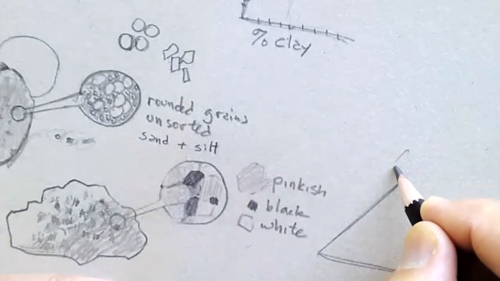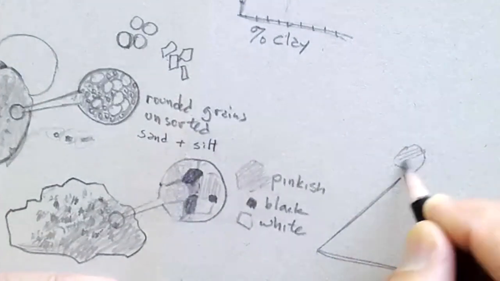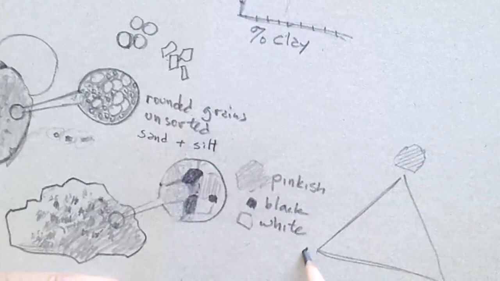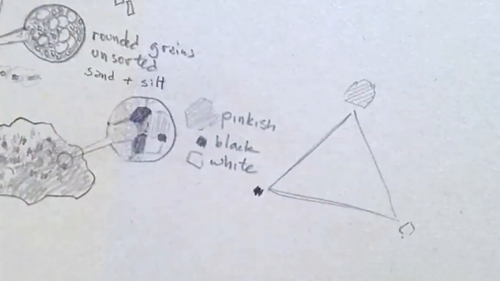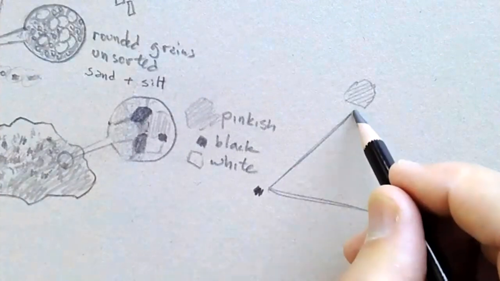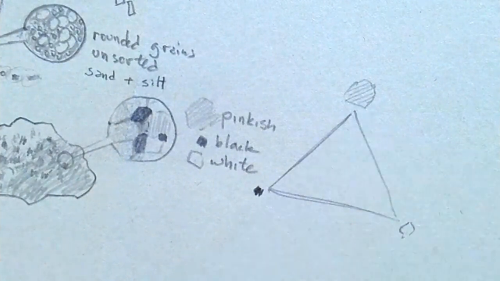And at this corner here, we're going to put the pinkish one. And at this corner here, we're going to put the blackish one. And at this corner here, we're going to put the white one. So let's just think about this as a visualization tool. Maybe you want to use it here in geology land, but this also could be applied for thinking about all sorts of other different sorts of things, anytime you want to make a 3-dimensional graph.